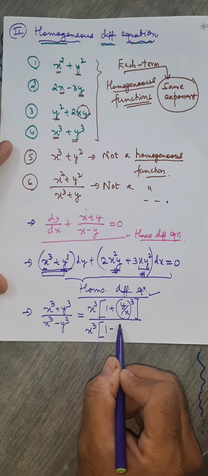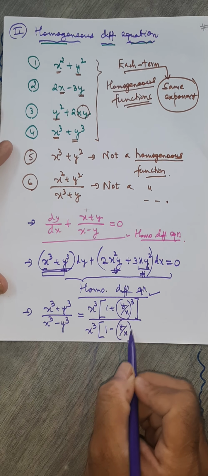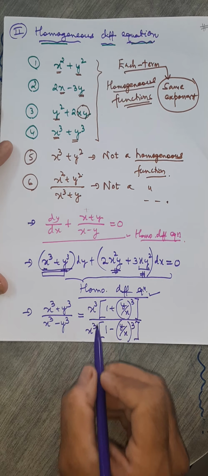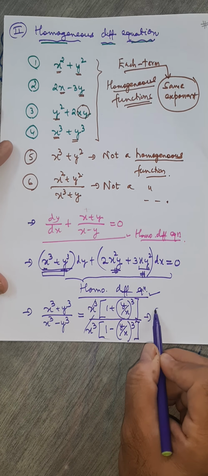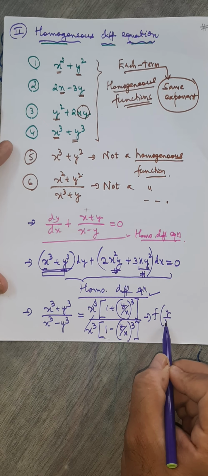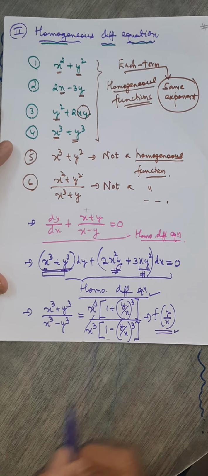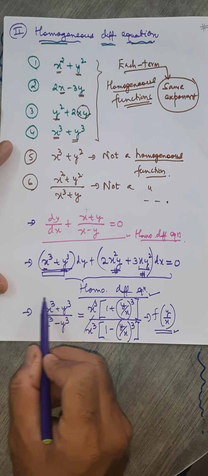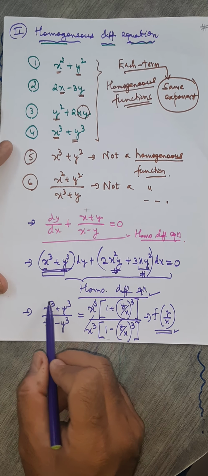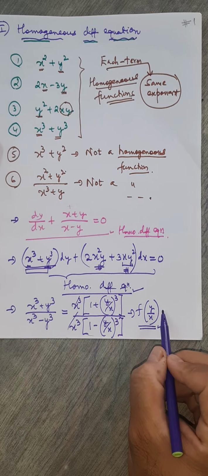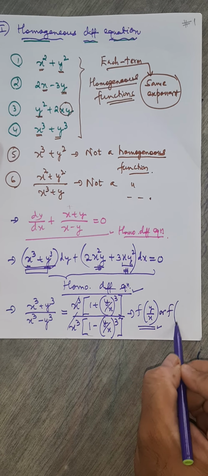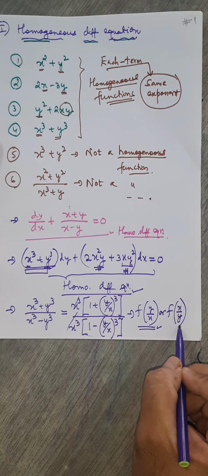So 1 minus y by x the whole cube. Right? Now this will get cancelled, but what is this? This is a function of y by x. So every homogeneous function can be expressed in y by x or in x by y form, remember, right?